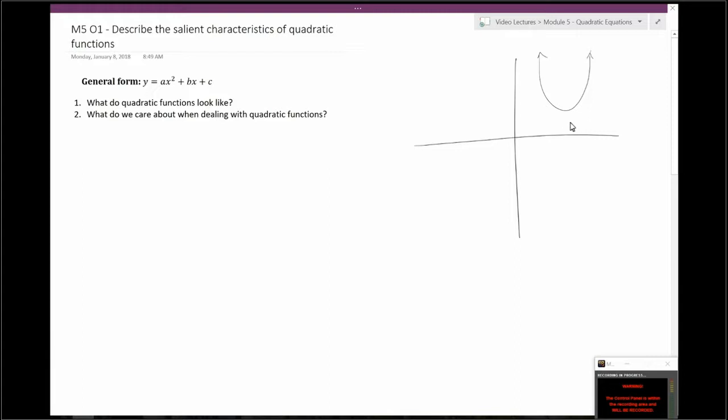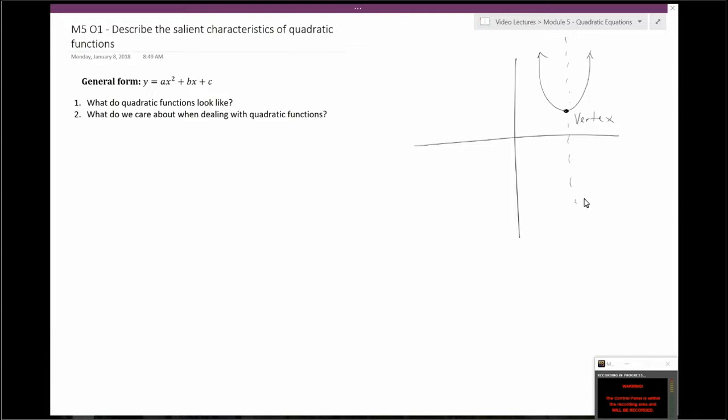Our parabolas normally have some center point that we're going to call the vertex. And then they're always symmetric across the line that goes through the vertex. We won't worry about that line right now.